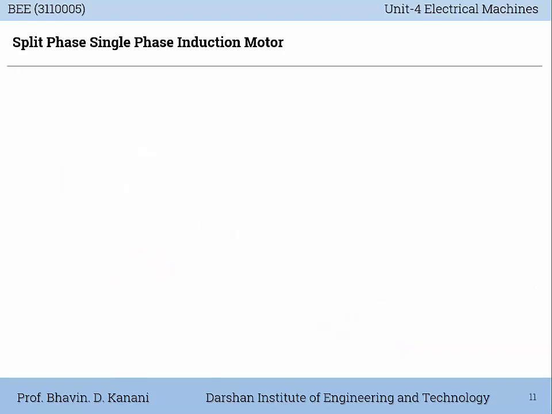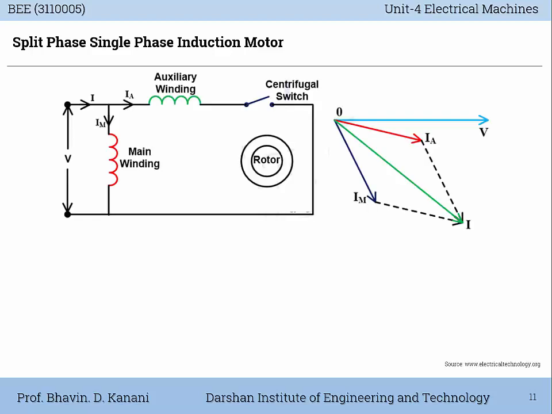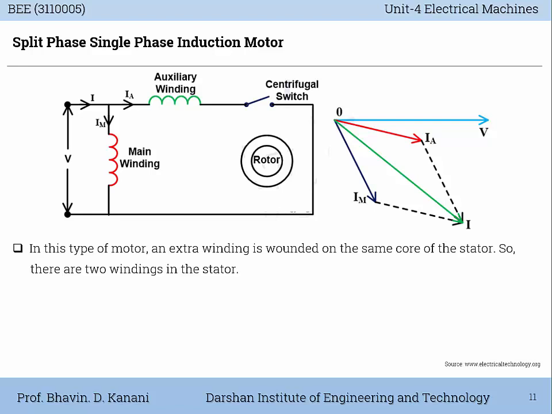One of the types of single phase induction motor is the split phase induction motor. Now, try to understand in detail. You can understand this very well by using the circuit diagram and the vector diagram. In this type of motor, an extra winding is wound on the same core of the stator.